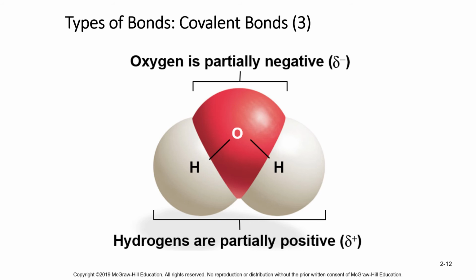Okay, so water is one of the best and most classic examples of polar covalent bonds. You can see the covalent bonds right here. So these solid lines here, those are symbolizing the covalent bonds. Now remember when we were looking at the periodic table, I said as we move from left to right, those atoms become more electronegative.